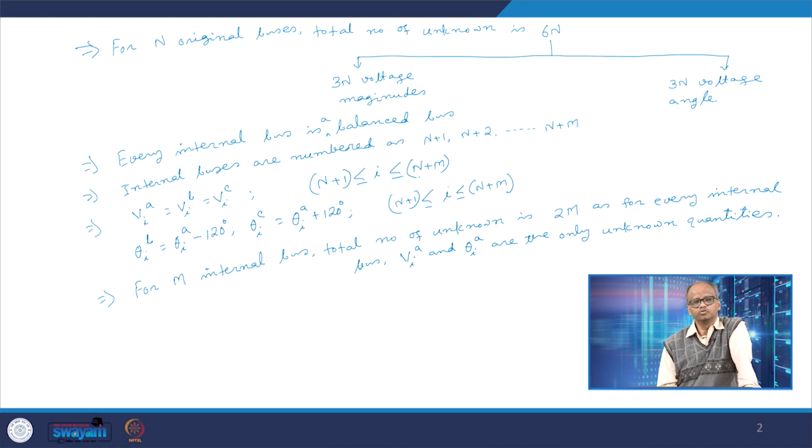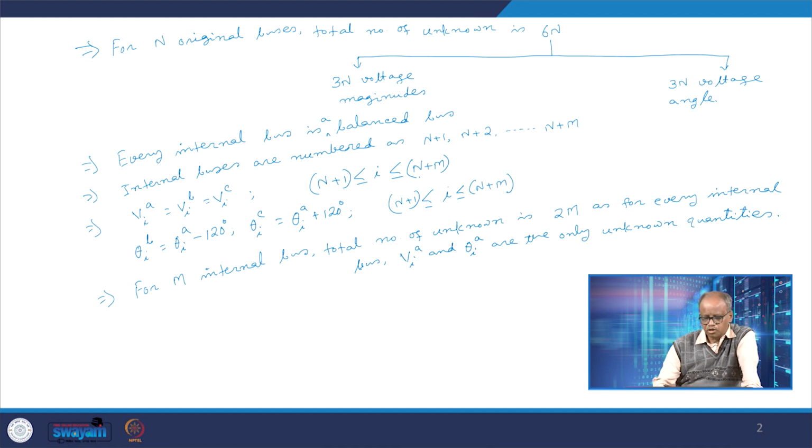However, we must note that we are also trying to calculate the angles, and for calculating the angles we have to take one reference angle, which we have to assign a value of 0.